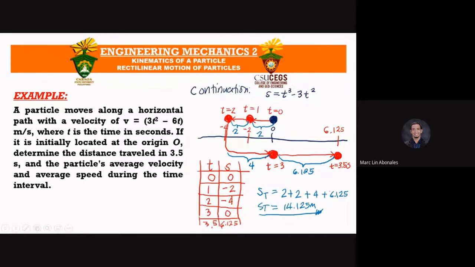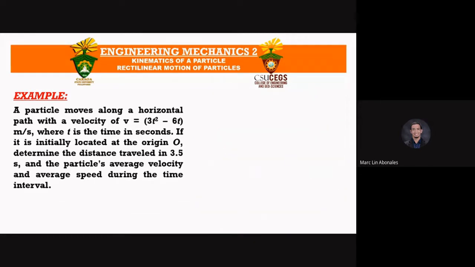So the next question na tong i-answer is the average velocity and the average speed, okay, during the time interval. So for the average velocity, diba when we define average velocity, that is the displacement or delta S over the time interval.